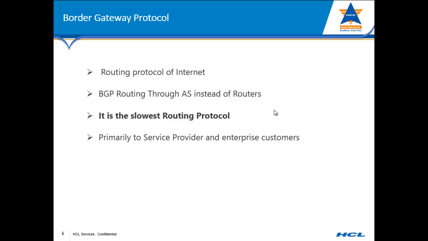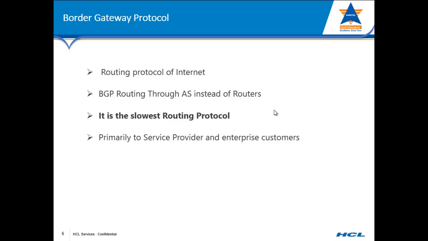In case one network goes down, or in case of link failure, it will do a triggered update, do a calculation, find the next best way to reach the destination, and share it with the nearest routers. In the case of BGP, it is the slowest routing protocol if you compare it with the IGPs.